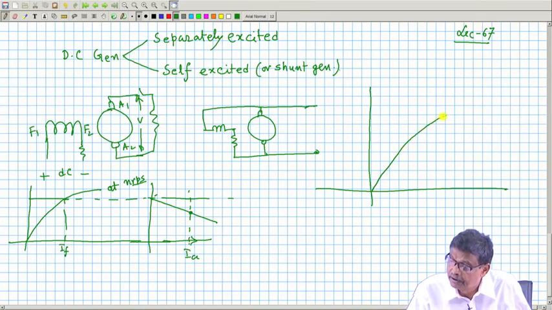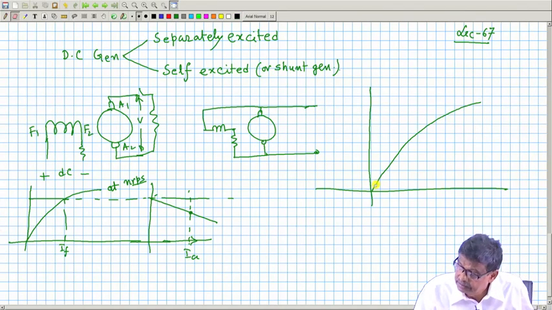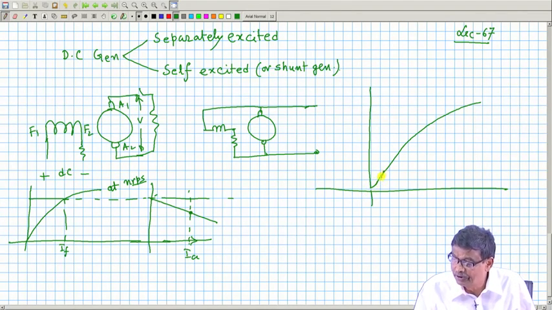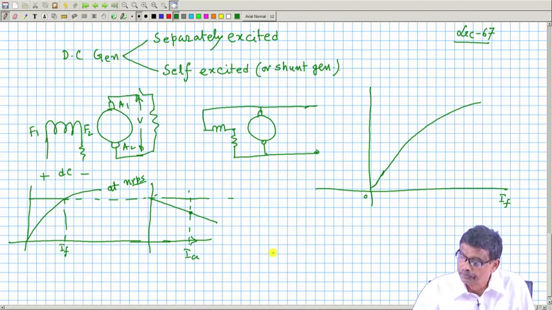Mind you, I should draw it correctly: there must be a residual field, so it will not pass through the origin. Even if the field current is 0, there will be some little induced voltage. In fact, that is the reason you get a very large voltage at the end.